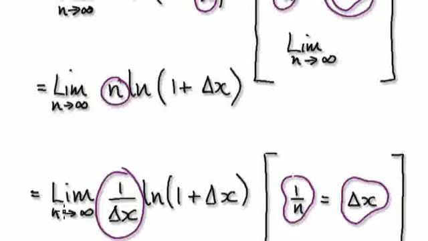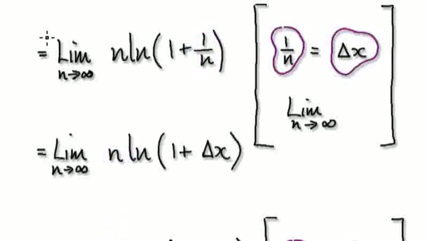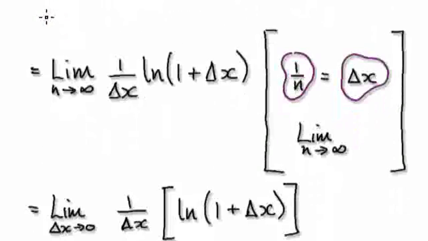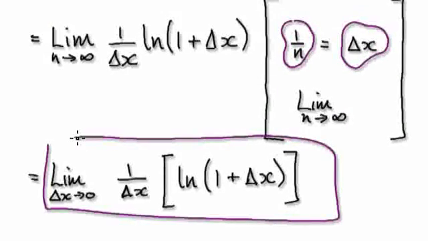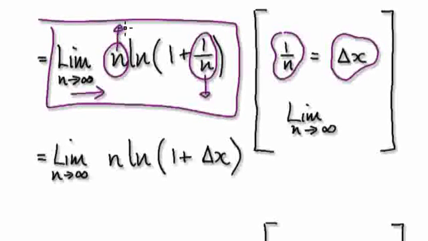Now this whole thing here can be translated into this. Everything is consistent. As n gets bigger and bigger, this thing here gets smaller and smaller, and this thing here gets bigger and bigger.